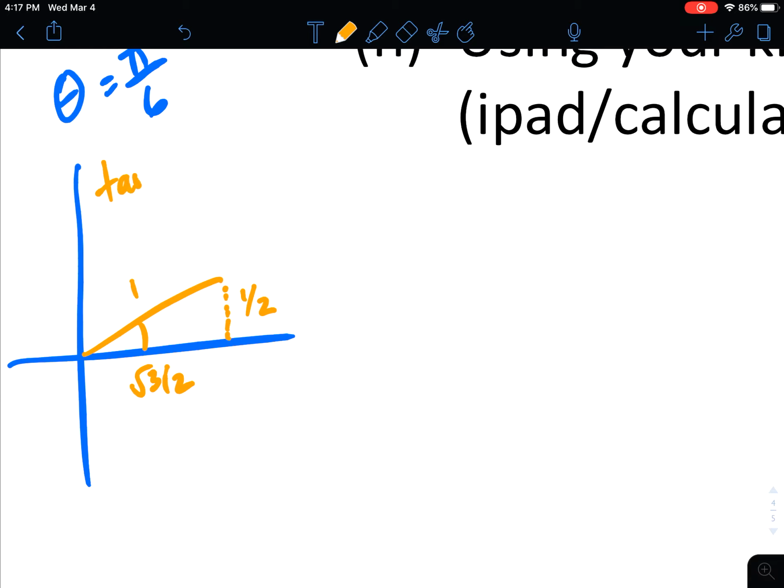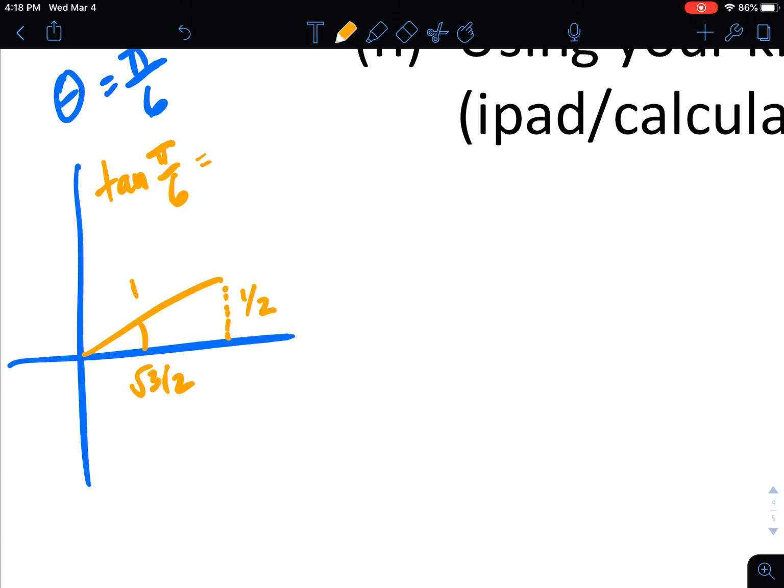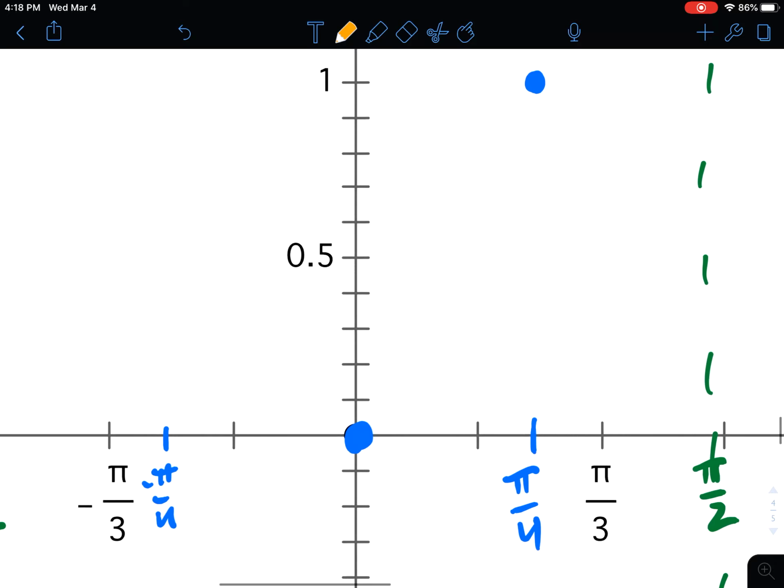So tangent of pi over 6 is going to be equal to opposite over adjacent, so 1/2 over root 3 over 2, which is 1 over root 3. And using the calculator on my phone this time, square root of 3, 1 over that, is going to be about 0.577. That's going to be the tan of pi over 6.